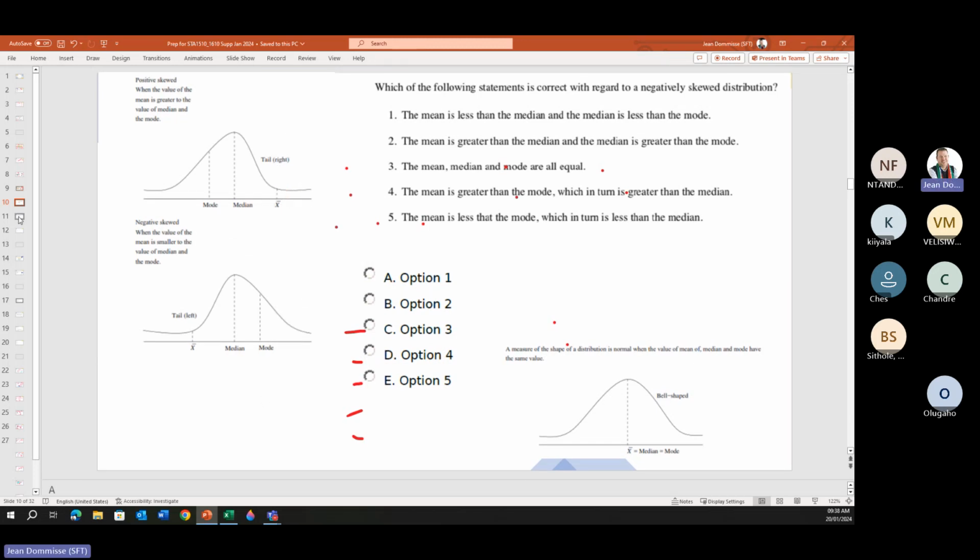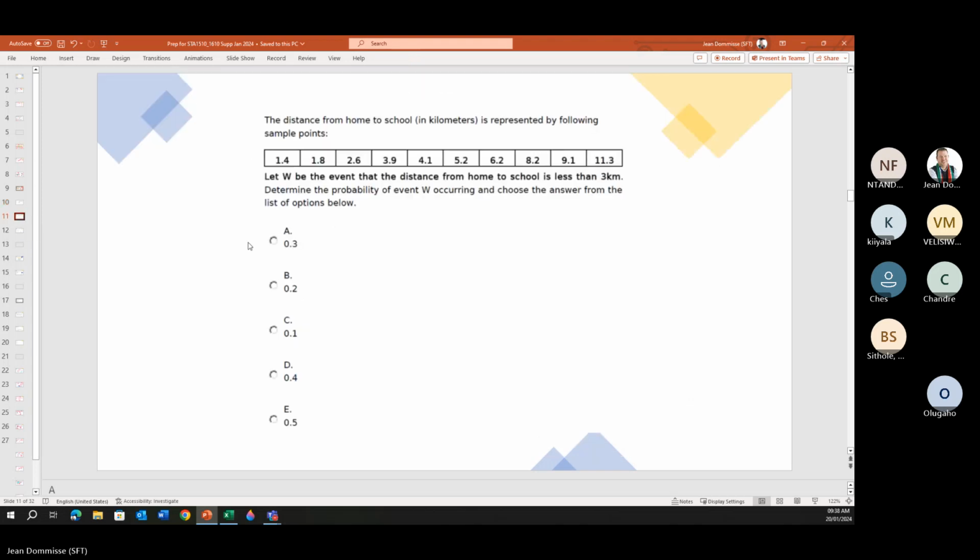Okay, next one. And now we go into study unit 5: discrete, binomial, and Poisson.